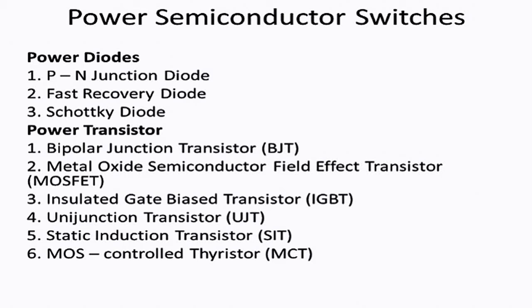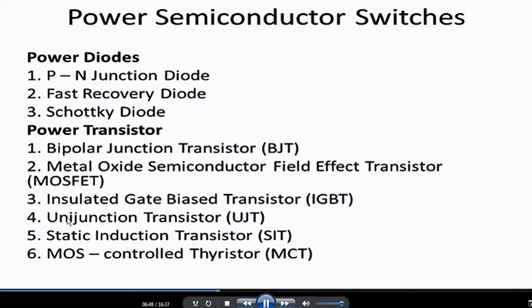They are combined into common categories, like power diode, which has many different power semiconductor devices like PN junction diode, fast recovery diodes, Schottky diode, etc. Similarly, power transistor has many devices like bipolar junction transistor, MOSFET, IGBT, UJT, SIT, and MCT, which is MOS controlled thyristor, and so on.